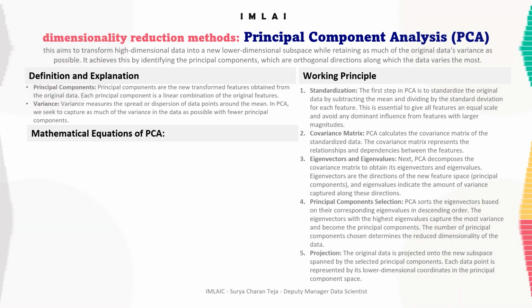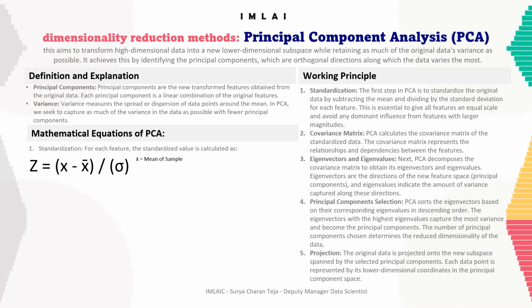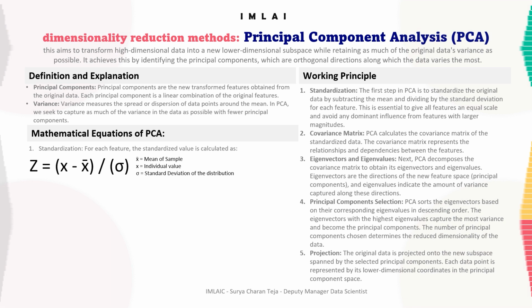The standardized value is calculated as z equals x minus x bar, divided by sigma, where x is the original or individual value, x bar is the mean of the sample or the feature data, and sigma is the standard deviation of that respective variable. This is how you standardize.